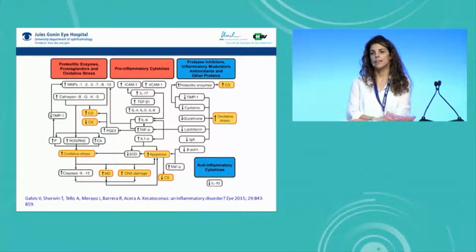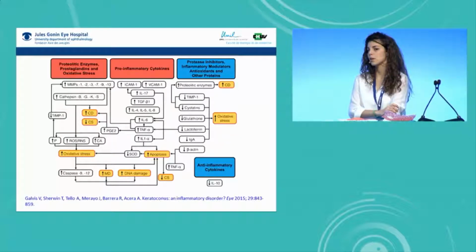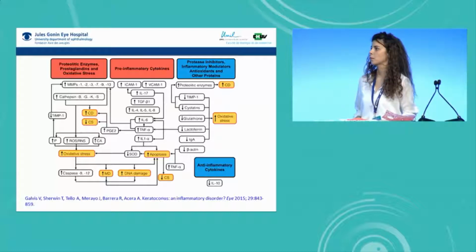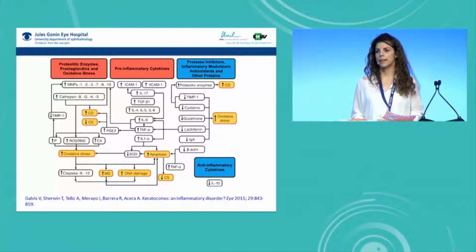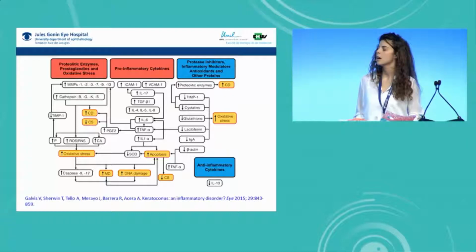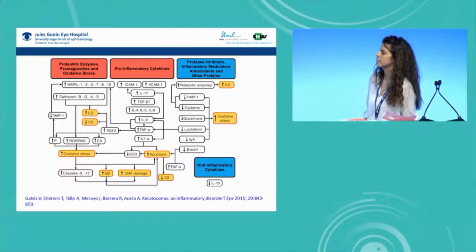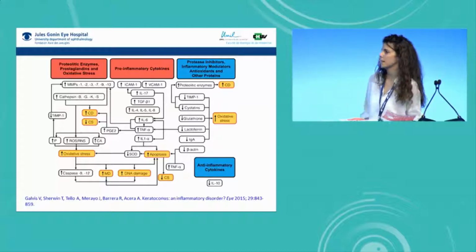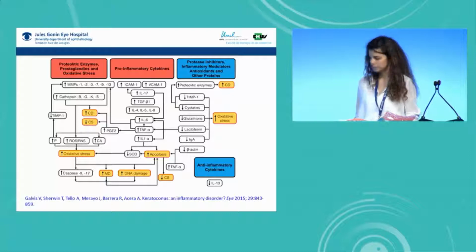The latest theories about keratoconus talk about an inflammatory component. It has been proved that in the tear film of those patients there is a high concentration of some pro-inflammatory cytokines such as interleukin 6 and metalloproteinase 9.